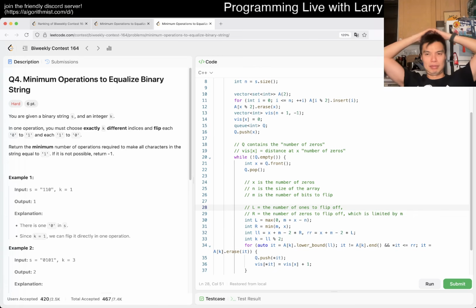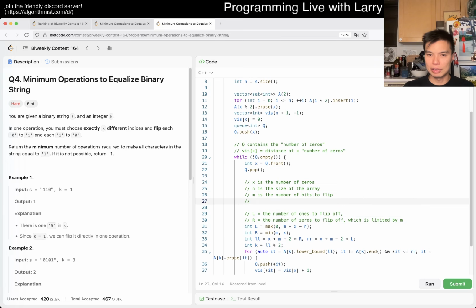But okay, so what is the number of ones? I think that's what the plus minus is. So the number of ones is going to be equal to n minus x. So then subtracting this is basically what she's doing. But then this gets flipped because, I mean, that's just how it is.